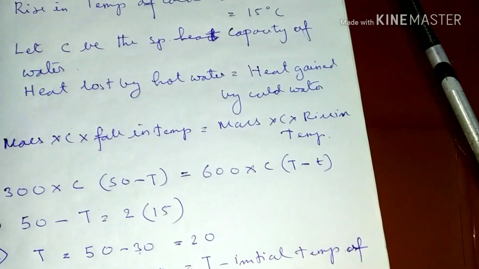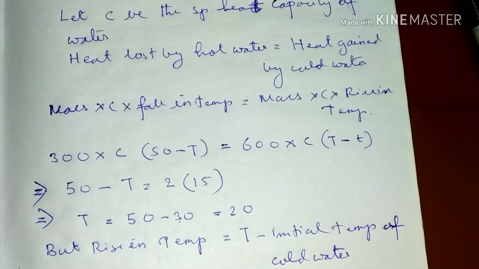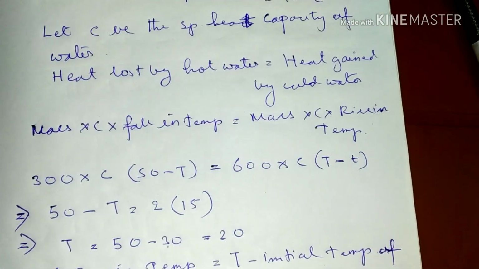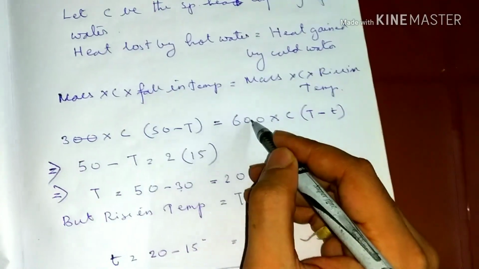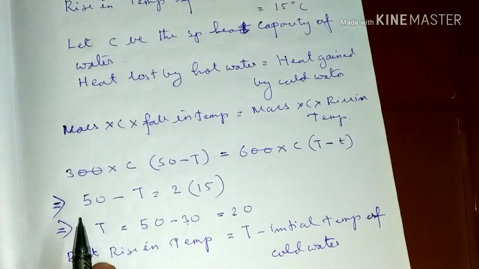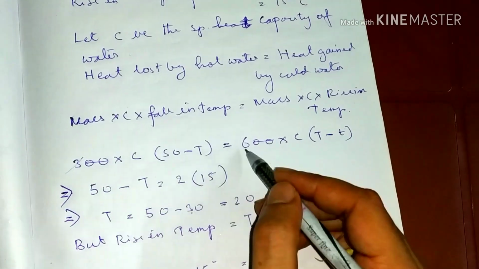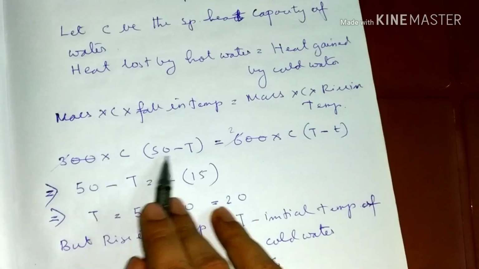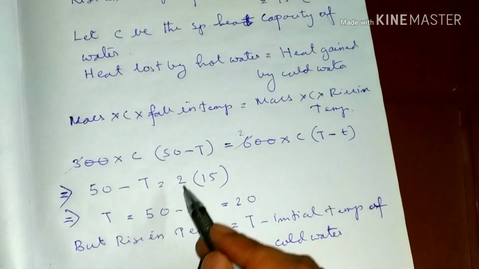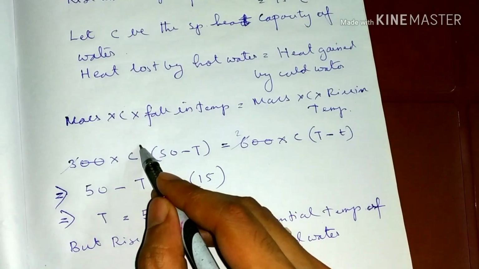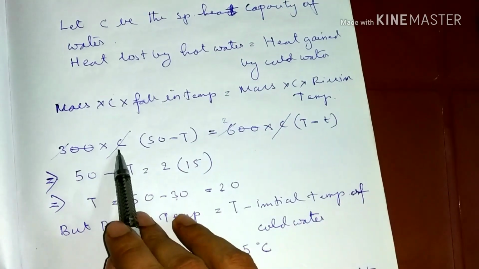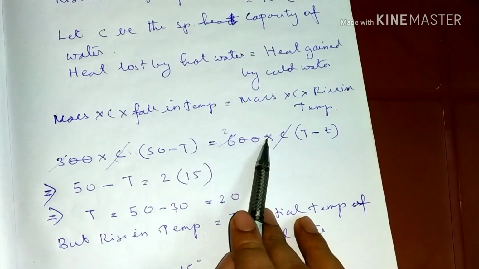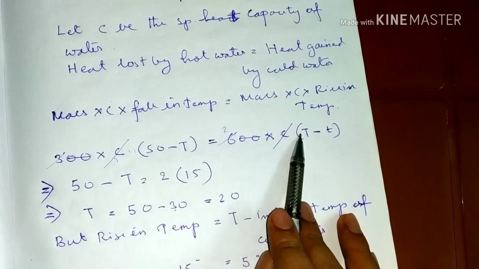Okay, we have divided both sides by 100, so the zeros cancel. Now 3 goes here and divides this. Also this C is going to get cancelled, because we're talking about water and obviously both have the same specific heat capacity, so better we cancel it before.